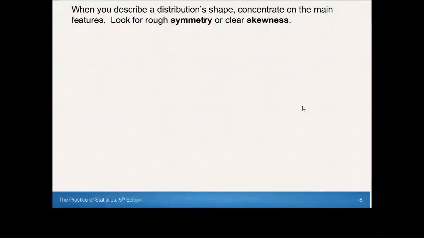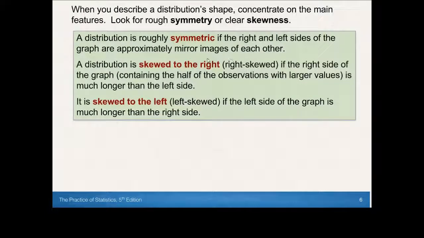So let's review real quick how we describe the shape. When you look at the distribution shape, we concentrate on the main features. Look for symmetry, and then look for what's called skewness. Symmetry, of course, means that the left and the right are both mirror images of each other.